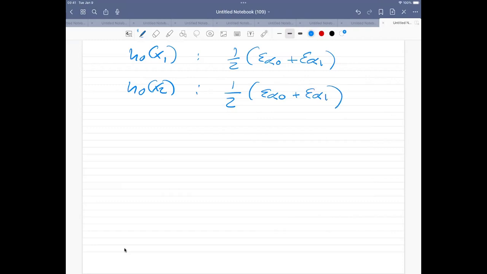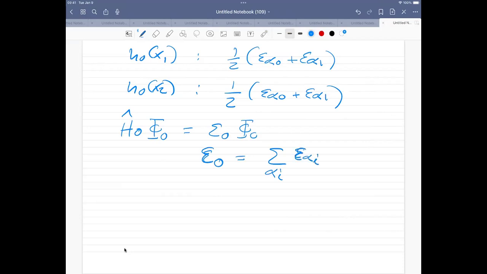So what we have here now is that the expectation value of H0 on this phi 0 is given by this energy, where this epsilon 0 here, this should be an uppercase epsilon, is simply the sum over all the alpha i's which you have in the system.